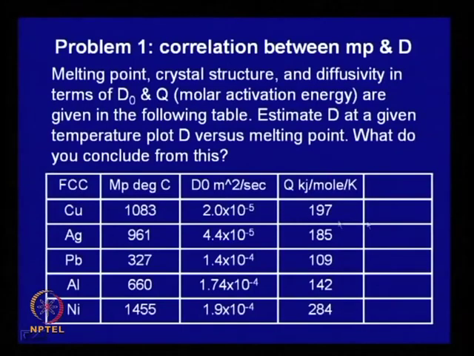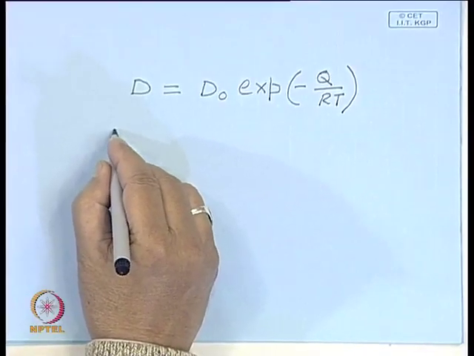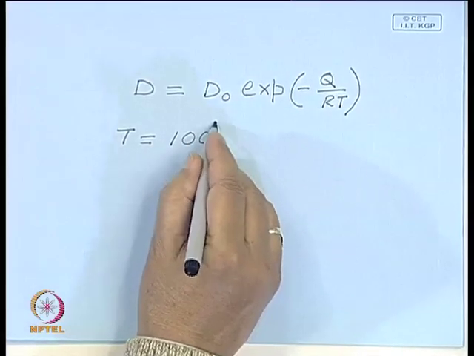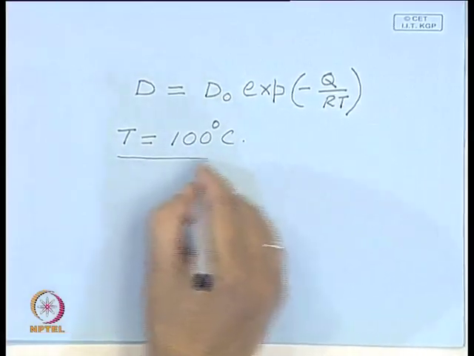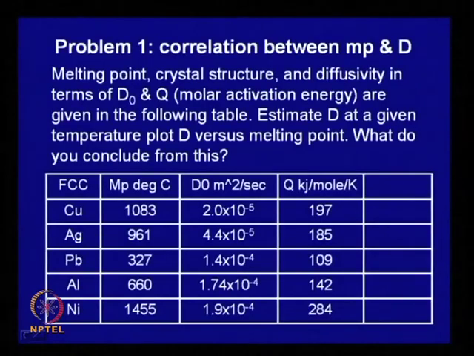So, let us say we calculate D at T equal to, let us say, 100 degree centigrade or room temperature, and see whether this has a correlation with the melting point of the metal.